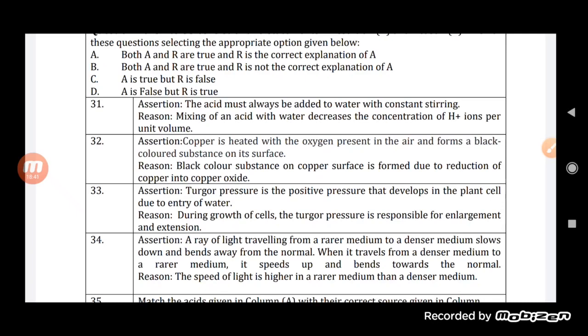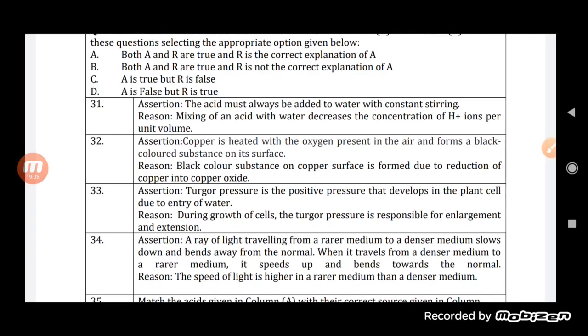Now the second one, question number 32. Assertion, copper is heated with oxygen present in air and forms a black color substance on its surface. Reason, black color substance on copper sulfate is formed due to reduction of copper into copper oxide.